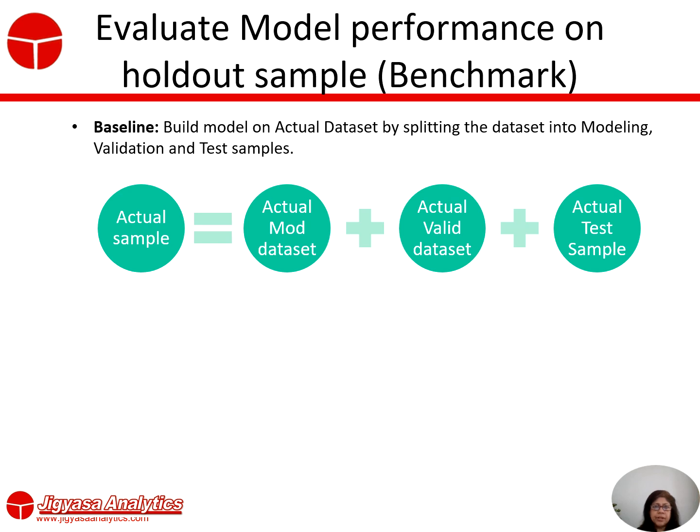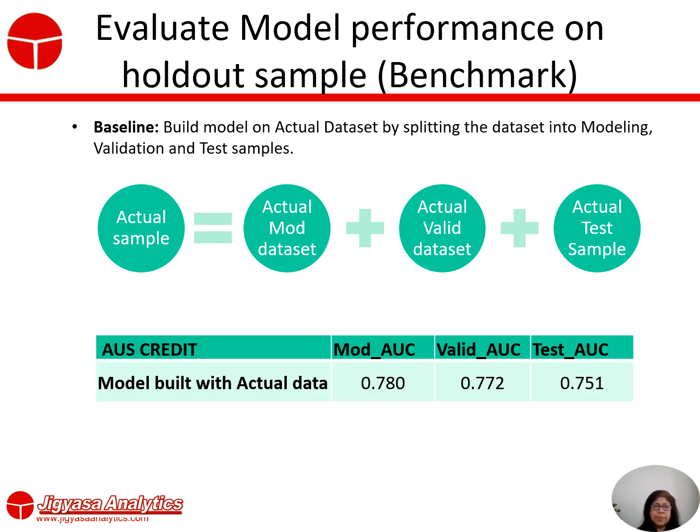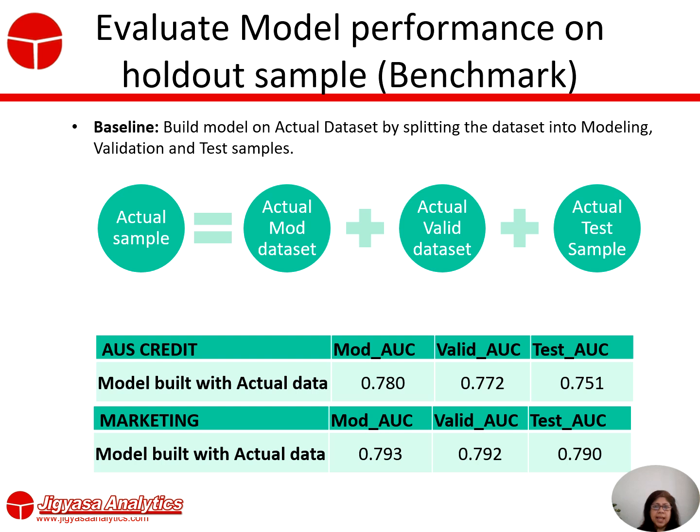The table here shows the AUCs in the three samples when we built this model on the real sample. For the Australian credit card data, the AUC in the modeling sample is 0.78, the AUC in the validation sample is 0.77, and the AUC in the test sample is 0.75. For the marketing data, the AUCs are slightly higher and approximately 0.79 in all three datasets.